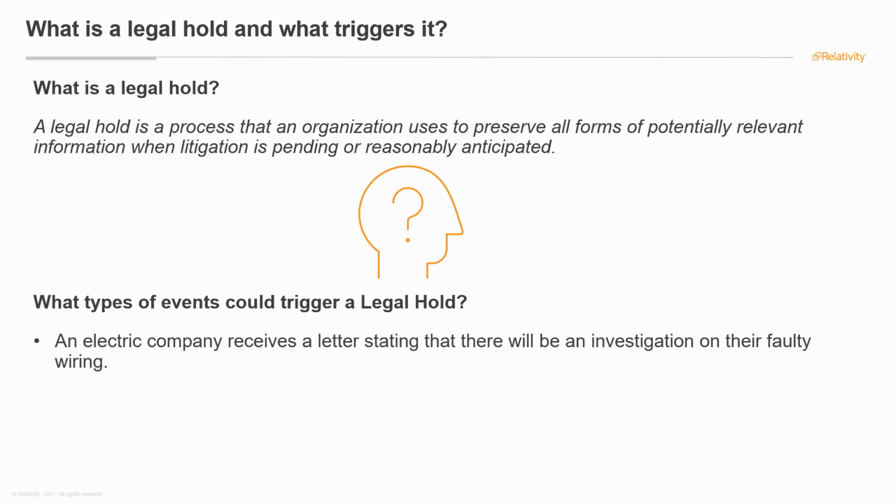Otherwise, let's take a look at a couple of example scenarios. Let's say an electric company receives a letter stating, we're going to investigate your faulty wiring. That would be an event that could reasonably anticipate some sort of litigation, so that is where a legal hold could be triggered.